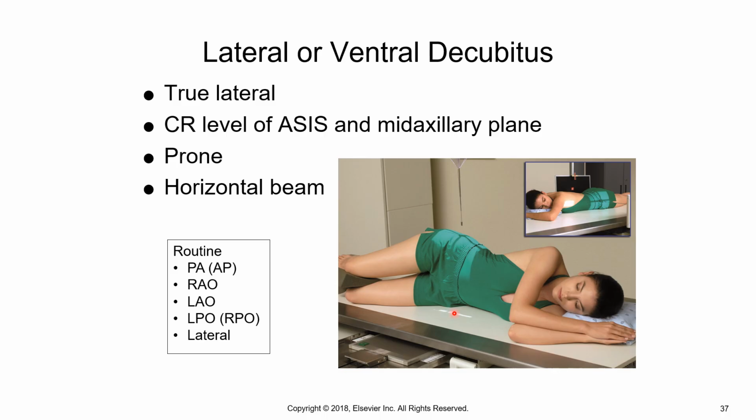For this, you have to make sure your patient is completely lateral, meaning their hips and shoulders are on top of one another and their back is straight. Central ray is perpendicular, and your CR is at ASIS and mid-axillary or mid-coronal.